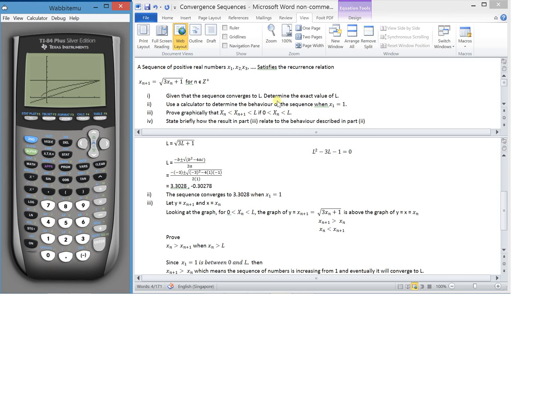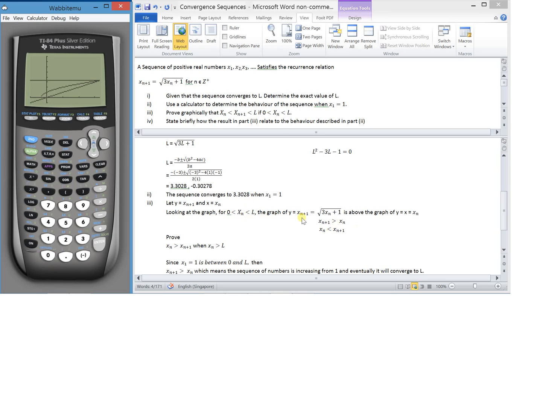Now, do you see that xn plus 1, between 0 and L, my xn plus 1 graph is always smaller than L, 3.3028? Therefore, my xn is smaller than L, right?